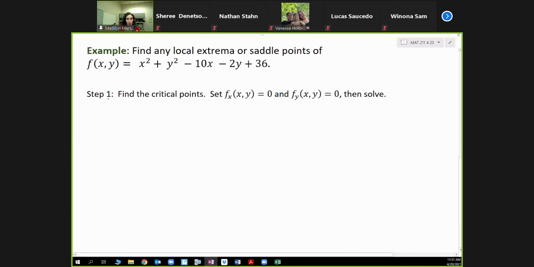So local extrema are maximums and minimums like we had in chapter 4. Saddle points are not local extrema because they're not a maximum or minimum, they're just a different kind of point. So we are going to find those for this function. And so our first step is to find the critical points. To do that, we need to set each of the partial derivatives with respect to x and respect to y to 0 and solve them.